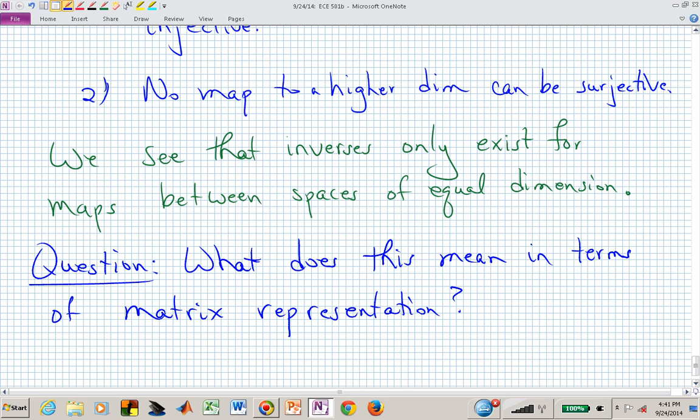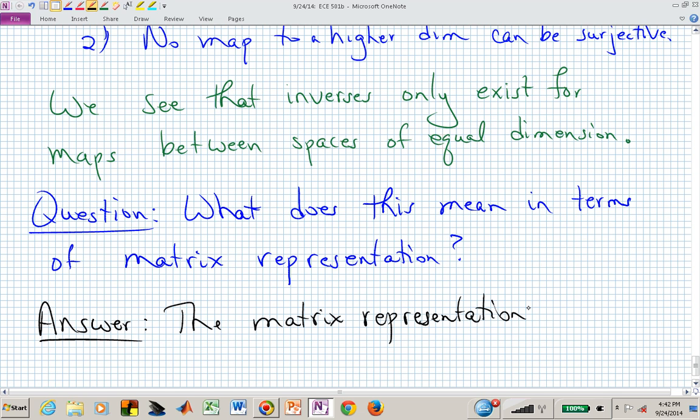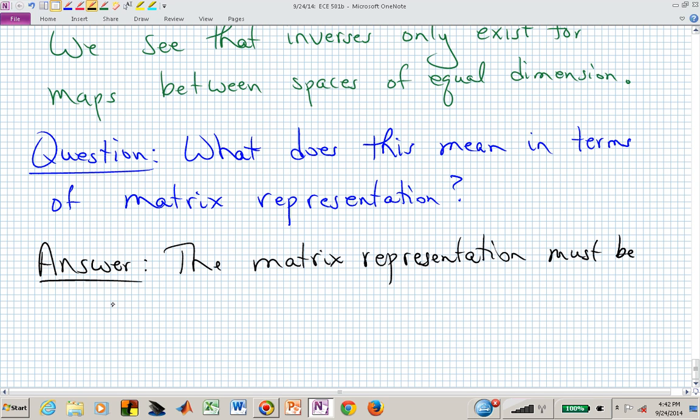If we have an invertible linear map, what does that mean in terms of the matrix representation of that linear map? It has to be square, doesn't it? It has to be n by n, and that's our answer. The matrix representation must be square.